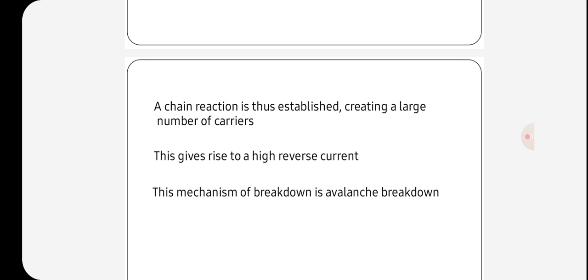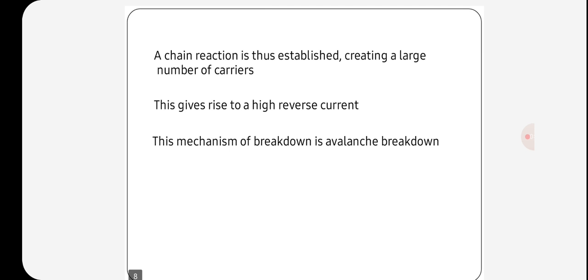At the Zener breakdown region, a small increase in voltage will rapidly increase the electric current. Zener breakdown occurs at low reverse voltage, whereas avalanche breakdown occurs at high reverse voltage.